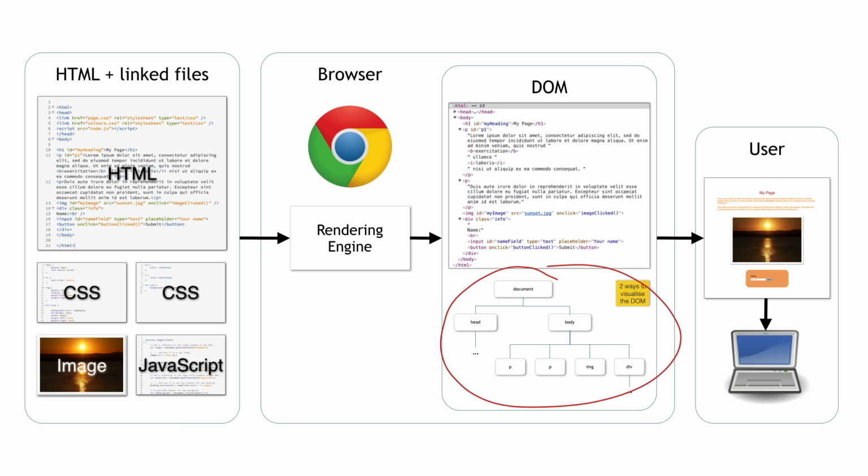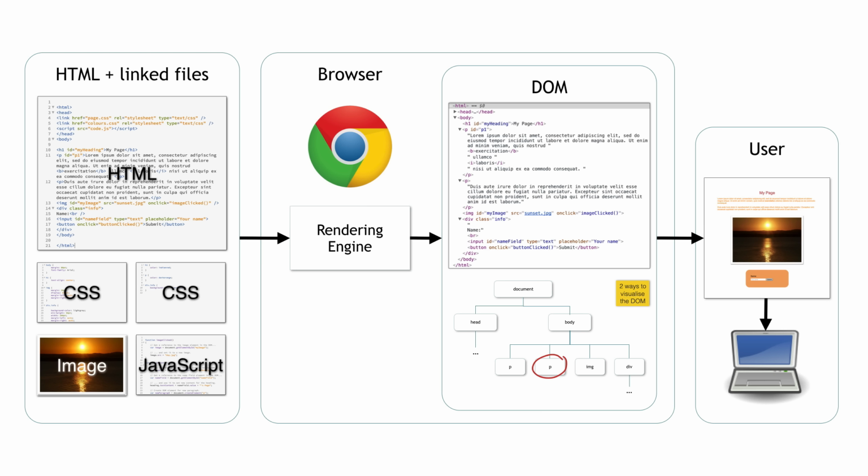In this case, it says there's the document, and within the document there's some information about the page in a head element. Then there's the body of the page, and the body of the page is basically everything you see in the browser. That's what you're seeing here. And then within the body there's a paragraph, which is the first paragraph here.